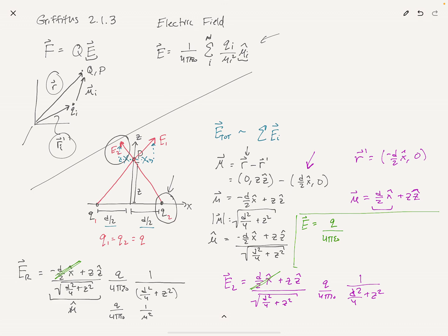I'm left with 2z in the z hat over, and now I'm going to go ahead and combine these denominators. D squared over 4 plus z squared. That's the 3/2. All right, and that's the electric field from 2 point particles, and we know it's only in the z hat direction.